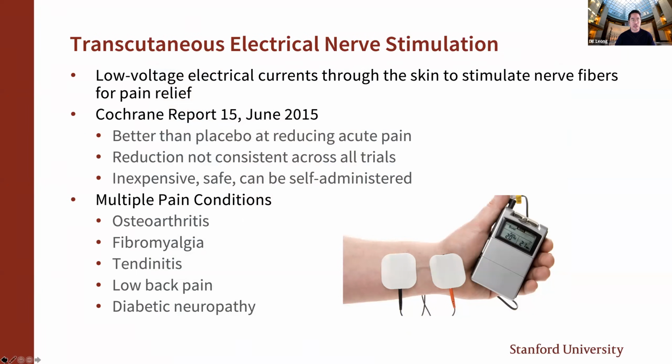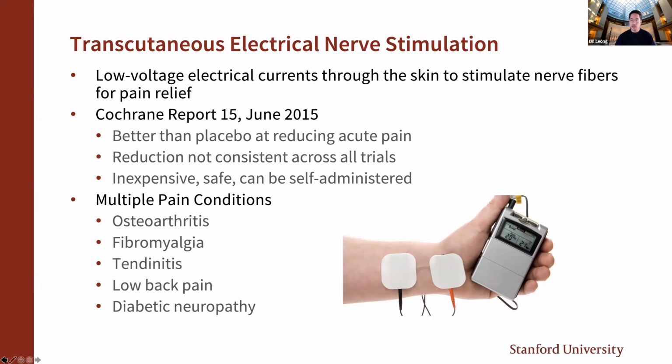There's something called the Cochrane report, and this is a group of people that look at all the data and articles that come out on a different kind of condition or treatment. And the last one, Cochrane Report 15 on June 2015, showed that TENS units are better than placebo at reducing acute pain, and they're inexpensive, safe, and can be self-administered.